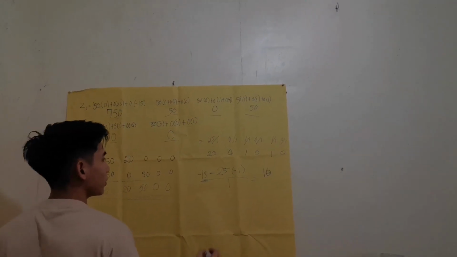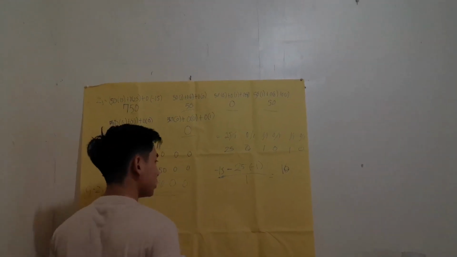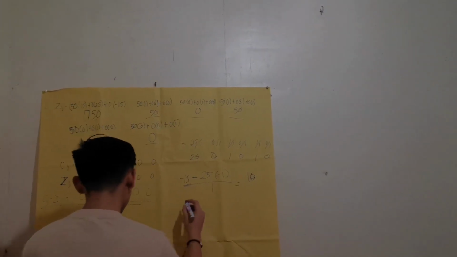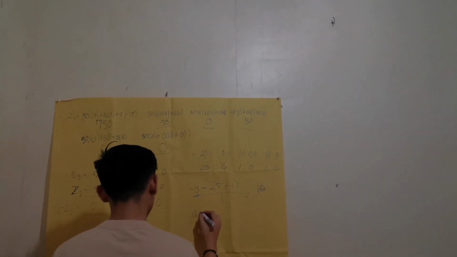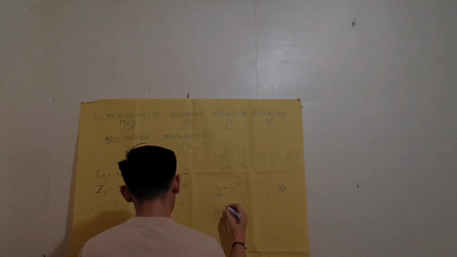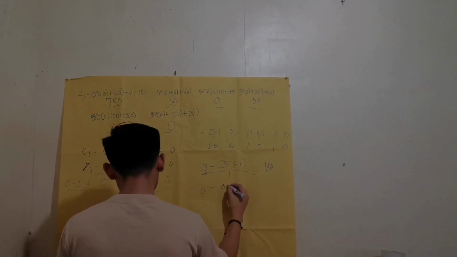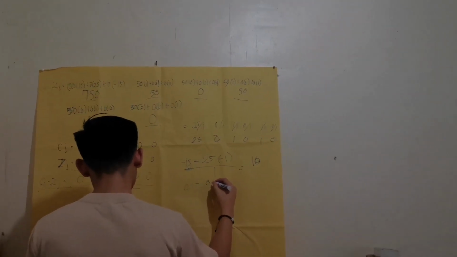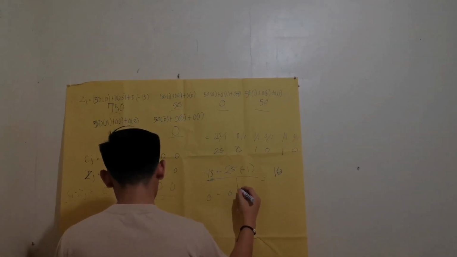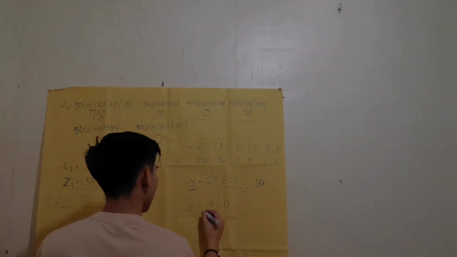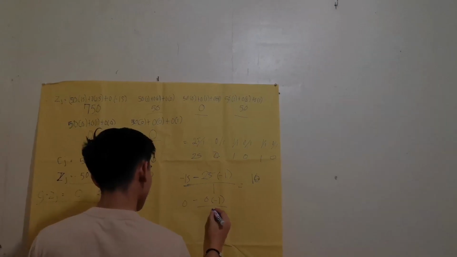10. And then, same lang din sa iba pang rows, sa S sub 3. So, 0 element in old row minus this associated element in the pivot row. So 0, 1, all over the pivot element.